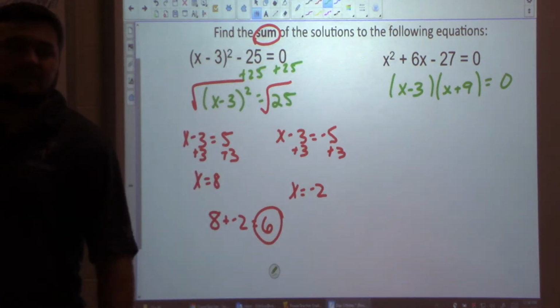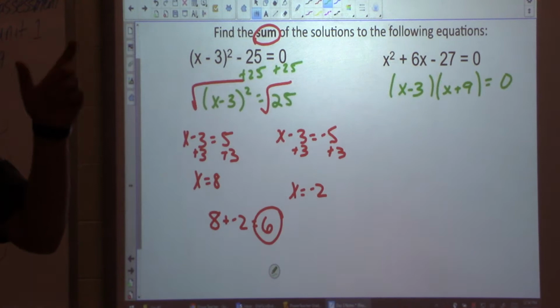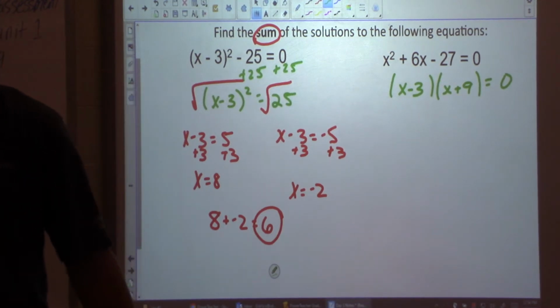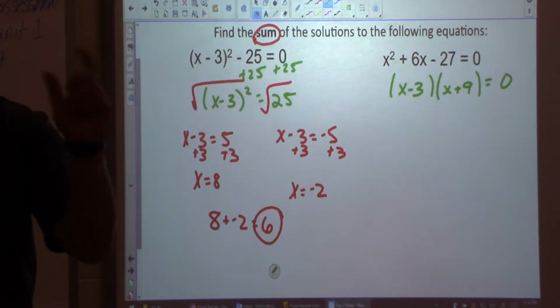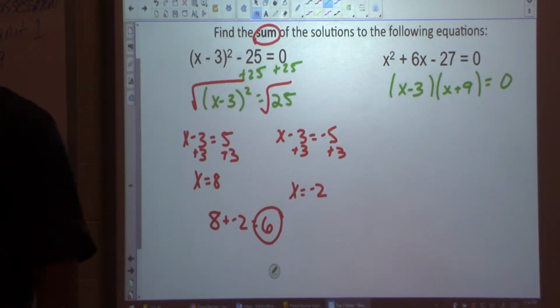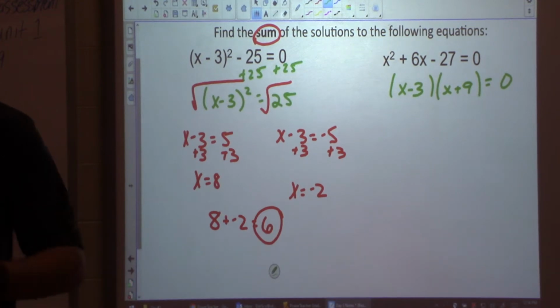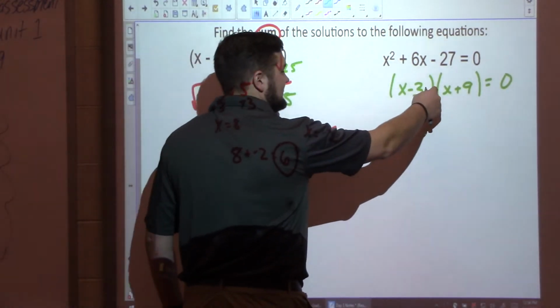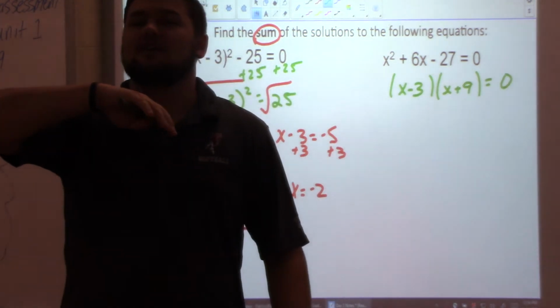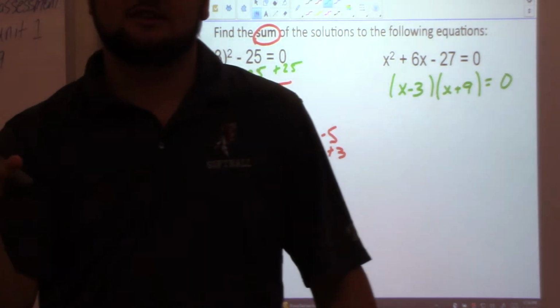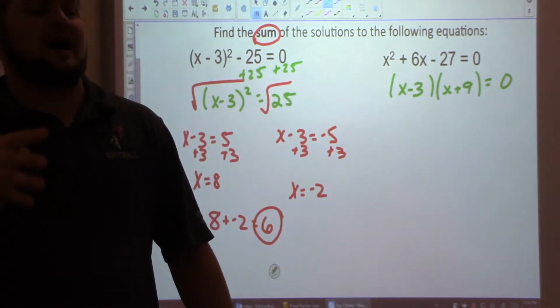Okay? Once we get to here, we want to separate them, right? Does anyone remember the property that allows us to separate them? What's happening between these two? Multiplication. What do you call the answer of multiplication? Product. The zero product property, right?